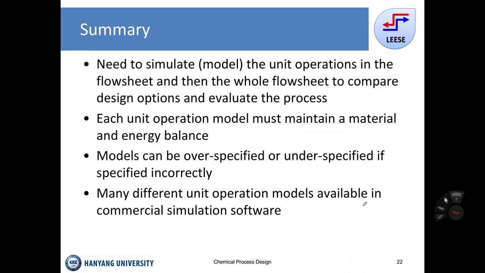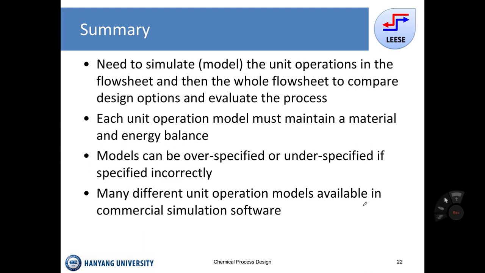So in this lecture, we discussed how we can simulate the overall process. The first step is to set up the unit operation models individually. Then we need to connect them and simulate them all together in a single mathematical modeling environment. Once we have the model, we can check the performance of the flow sheet.